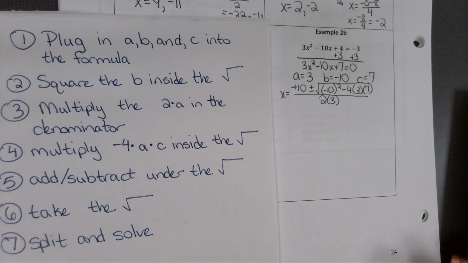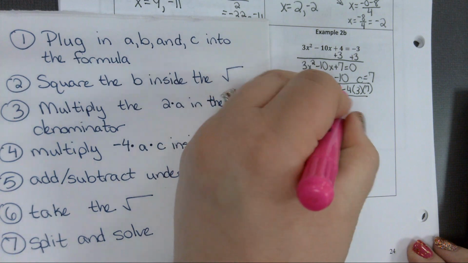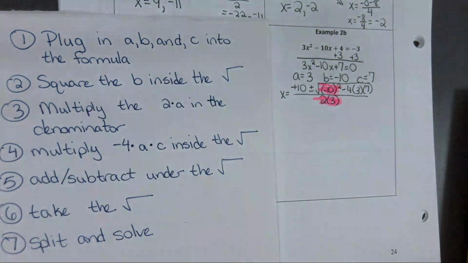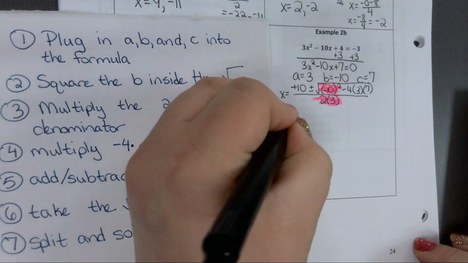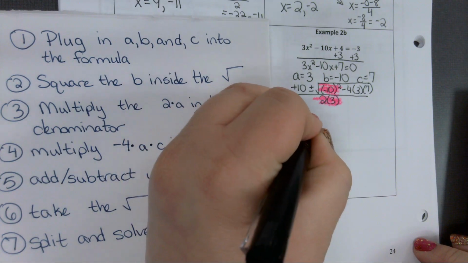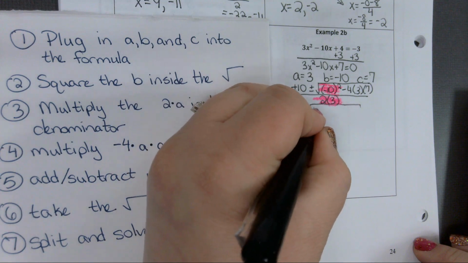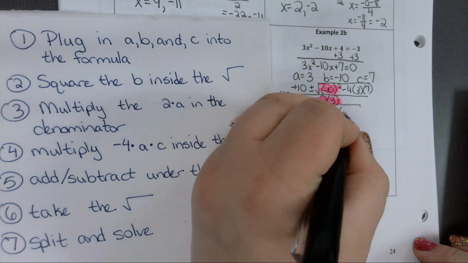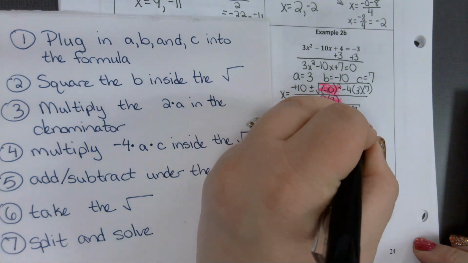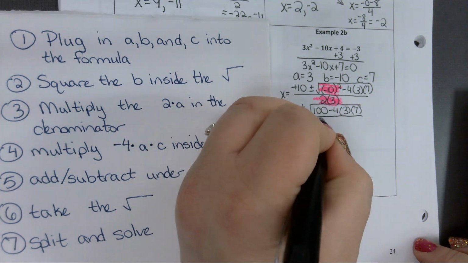We can do the square first of our b, and we get to do the bottom as well. So x is equal to 10 plus or minus the square root of -10 squared, which is positive 100, minus 4 times 3 times 7, all over 2 times 3, which is 6.